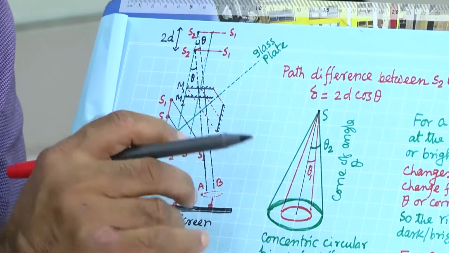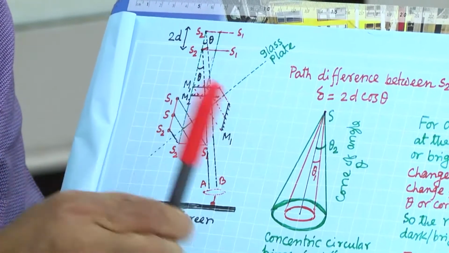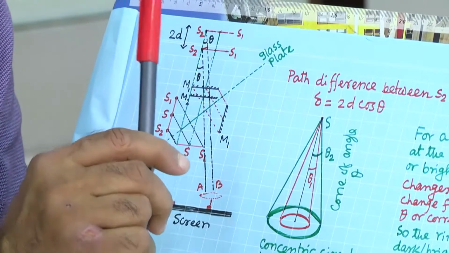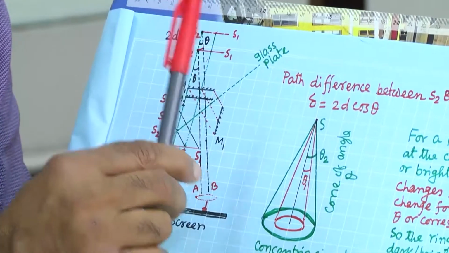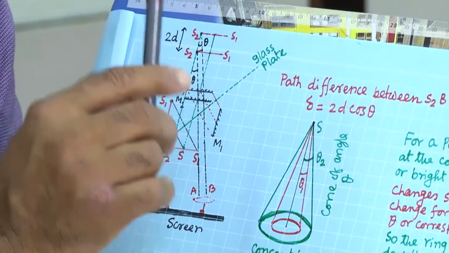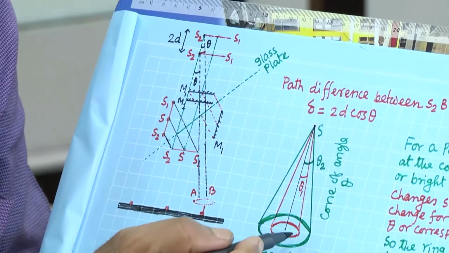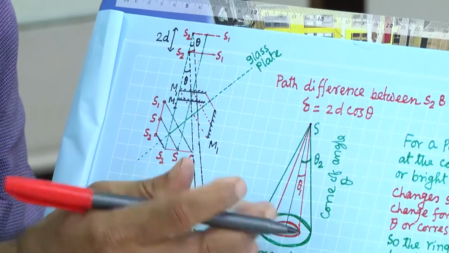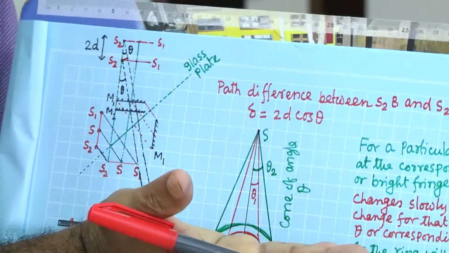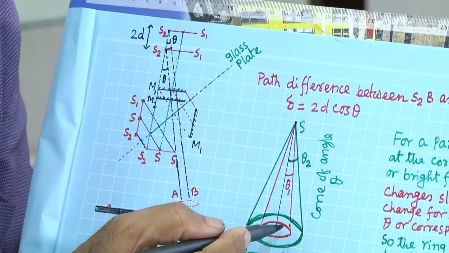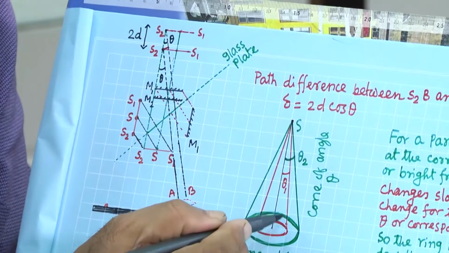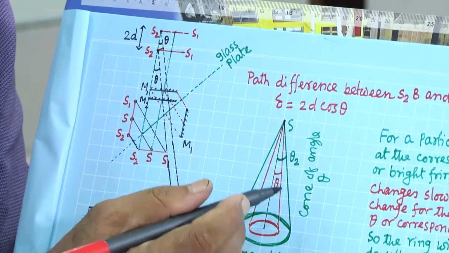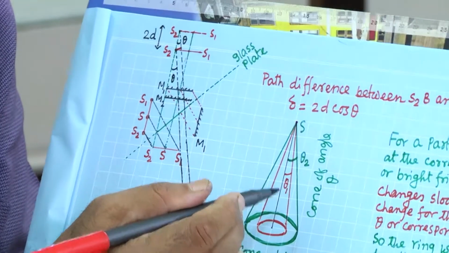what will happen? This angle is with respect to the center, taking that as the axis. So, you will get a cone, and over a cone the angle will be theta. The angle will be the same, and if you put your screen like this, okay, you will get the same path difference on this circle, because 2d cos theta.